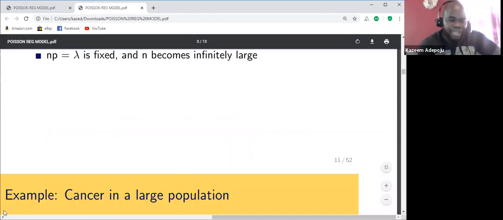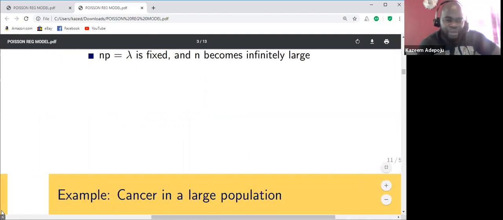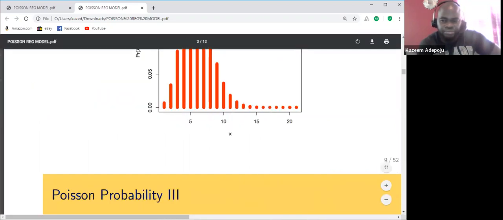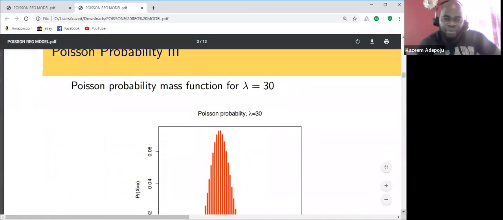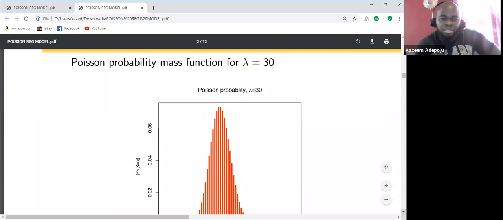Now the next thing that I actually want to talk about. If you take a look at what I have right here, we want to investigate lambda. We want to look at the distribution as lambda is increasing.